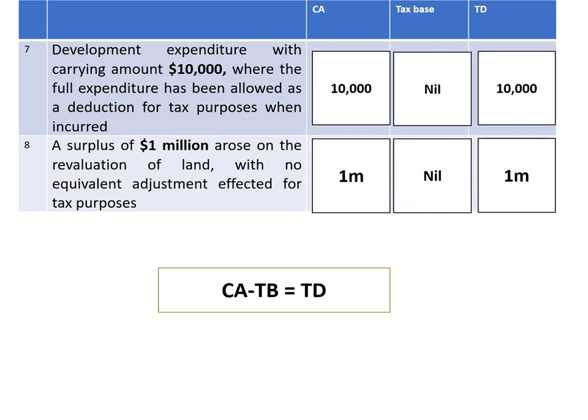To explain this a bit differently, let's assume that this asset was 5 million and therefore the carrying amount is 5 million. Then we have a tax base obviously of 5 million if that's the cost. Then in terms of this entity's policy, they bring a revaluer. The revaluer comes, he revalues the land to 6 million, so 5 plus 1, it becomes 6 million. For tax purposes, we do not recognize that revaluation.